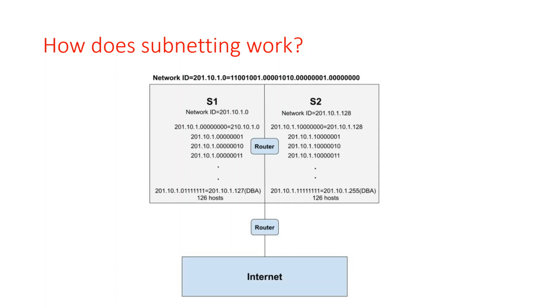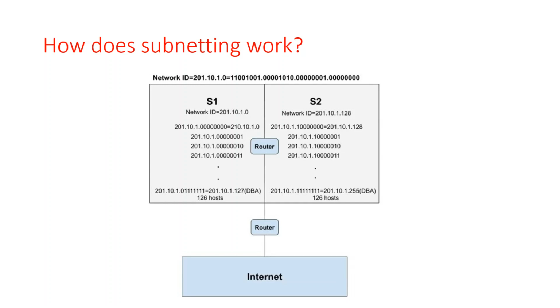In a classful network, we have 24 bits for the network ID and 8 bits for the host ID. We borrow the leftmost bit of the host address for identifying the subnet.